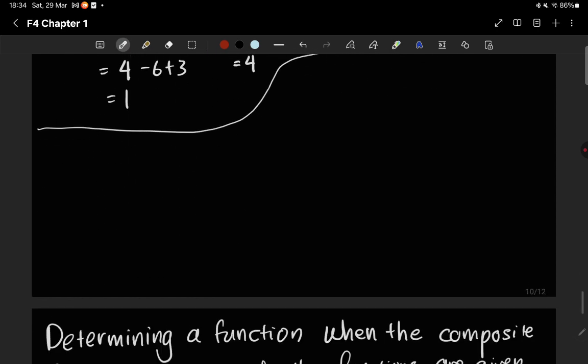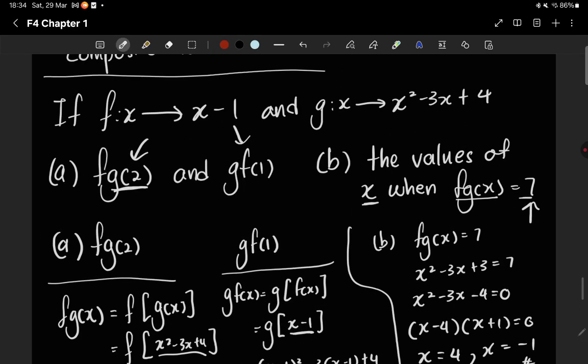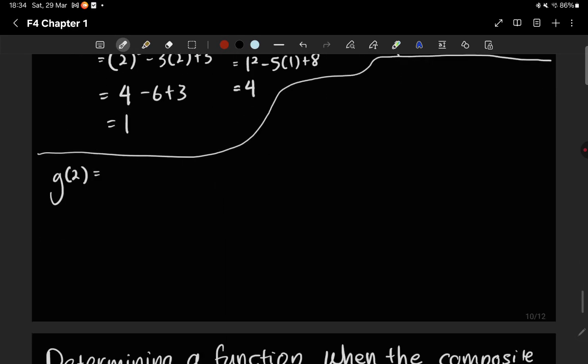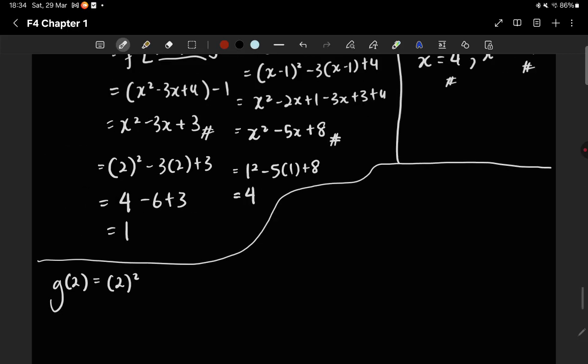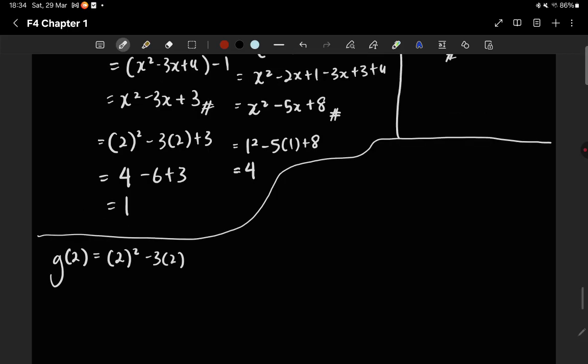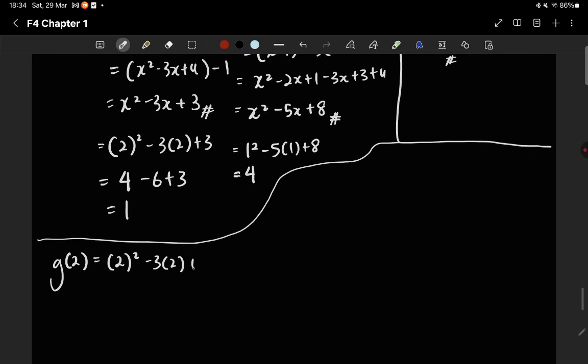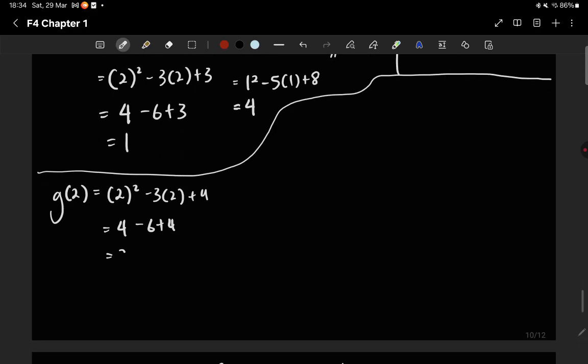So what if I just found what g of 2 is first? We're given the function g is x squared minus 3x plus 4. So I could simply sub it into the equation to give me 2.